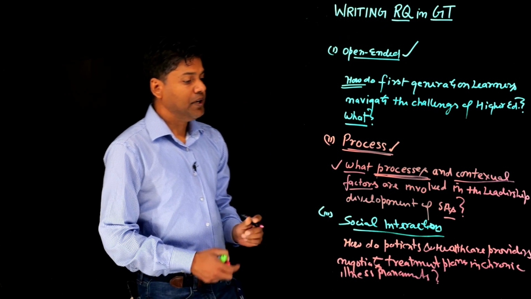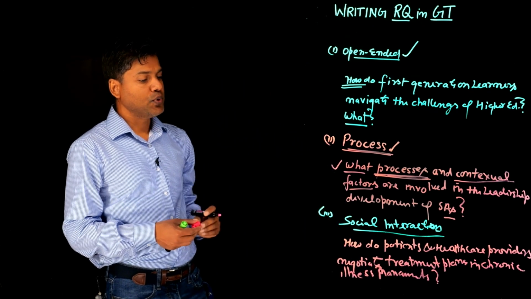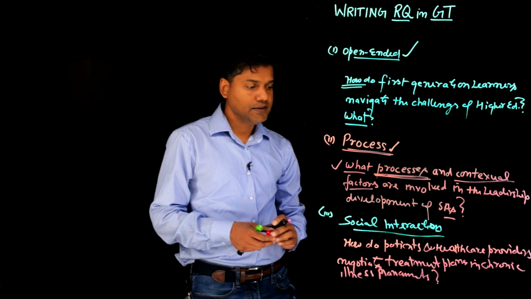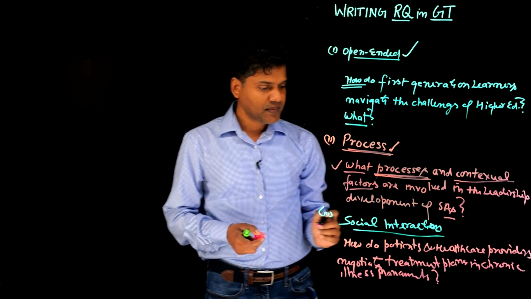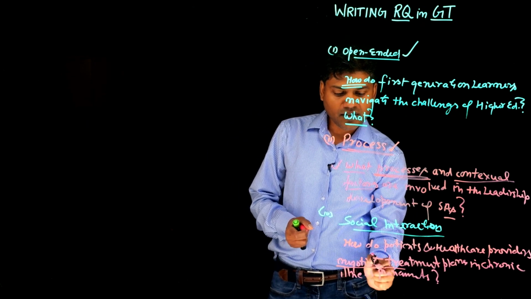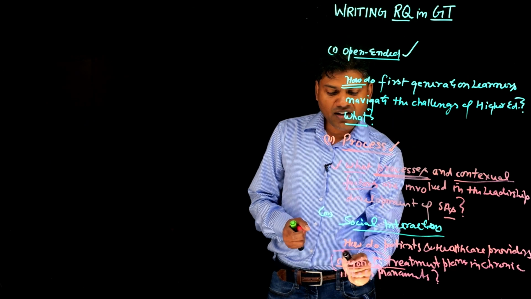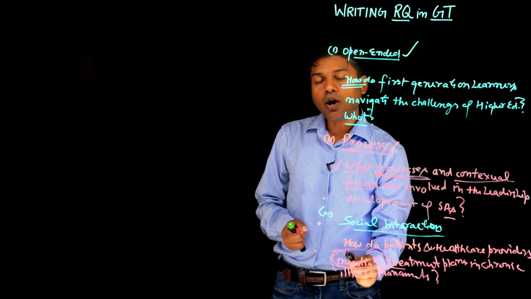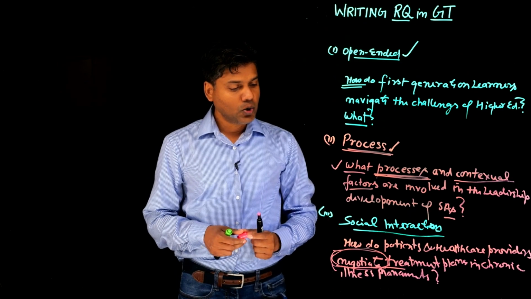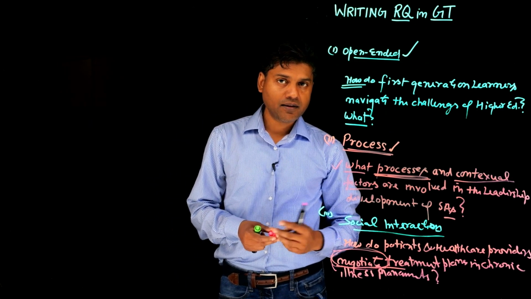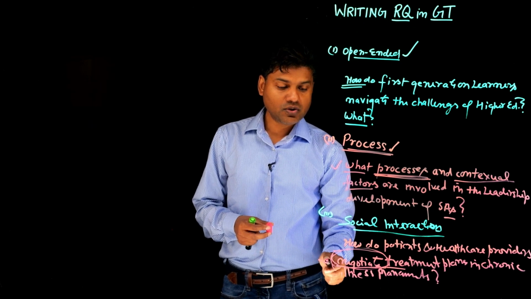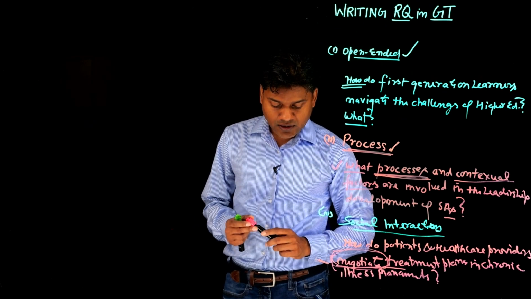So your research question here is focusing on the idea of interaction, negotiate, how they negotiate, what that process of negotiation looks like when it comes to chronic illness management planning, how they interact, what are the things they talk about, so how they negotiate. So again, social interaction is emphasized here.